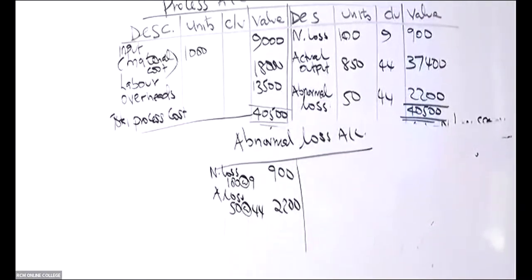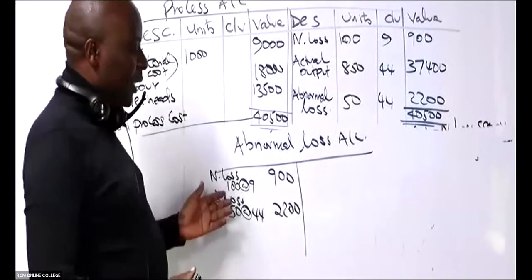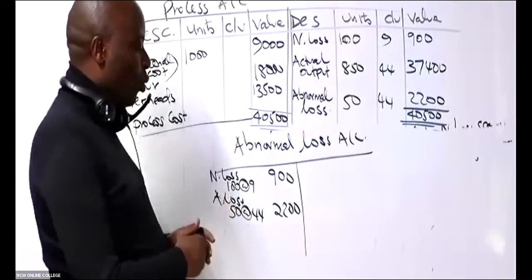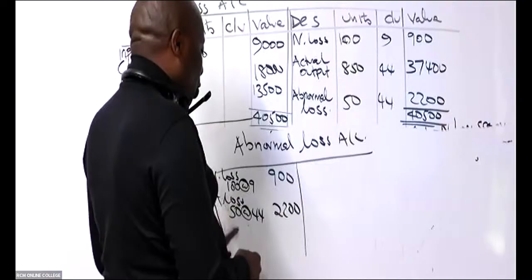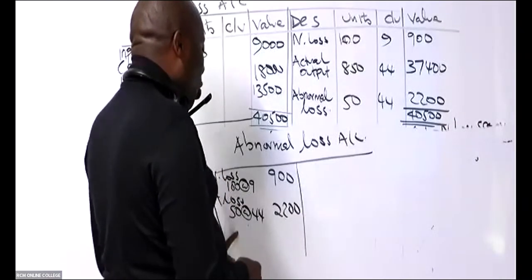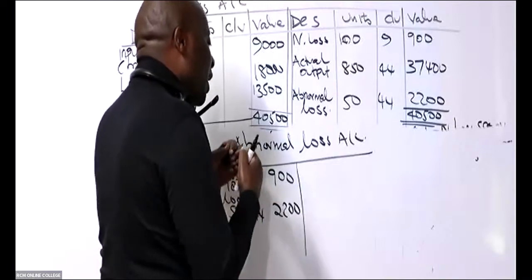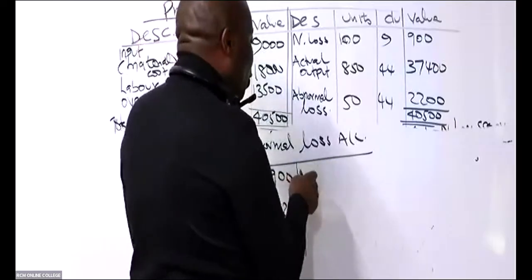Now, ladies and gentlemen, please listen. How many units now do we have representing the loss? The total loss will be 150. These total loss units, we shall scrap them. We sell them and we receive money through the bank.